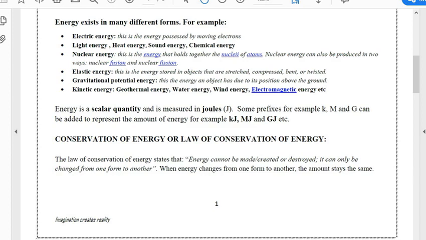If it's MJ, it's not Michael Jackson, it's megajoules. GJ is gigajoules. Just showing you the quantity growing bigger and bigger.